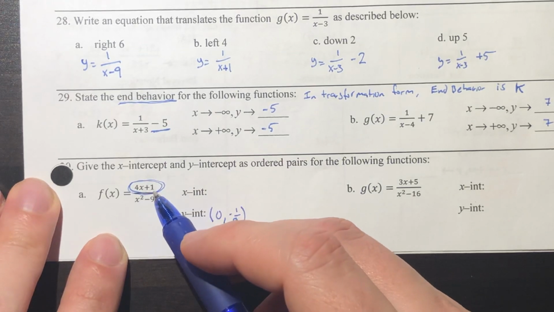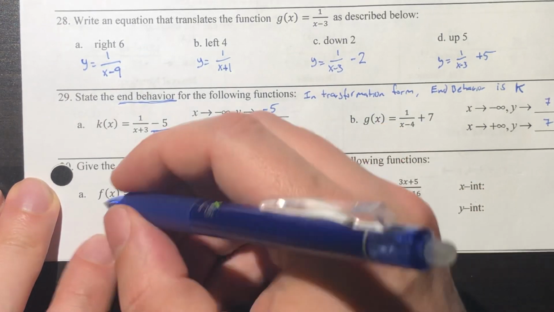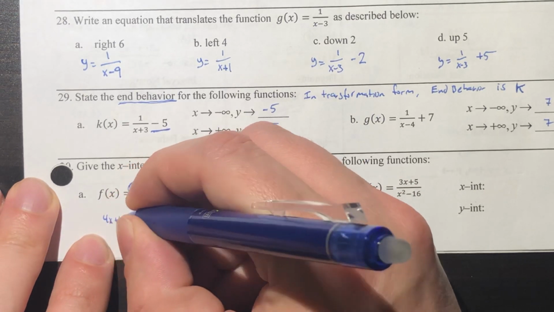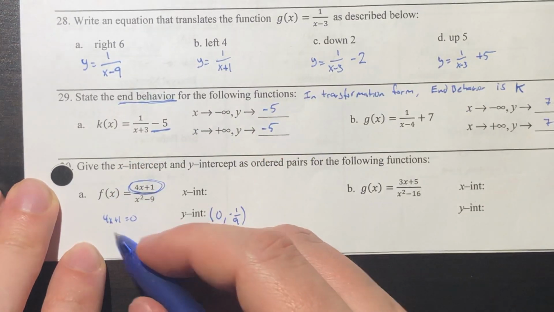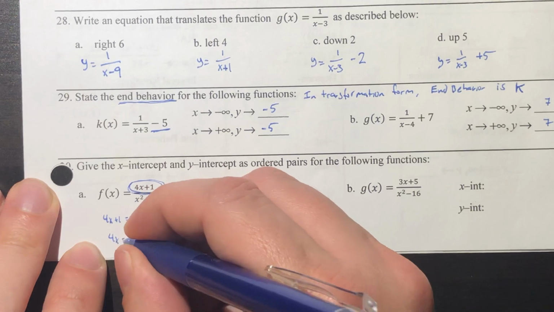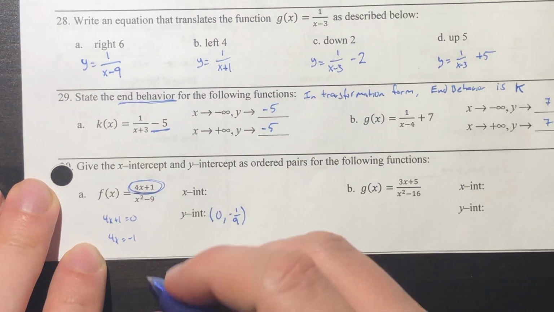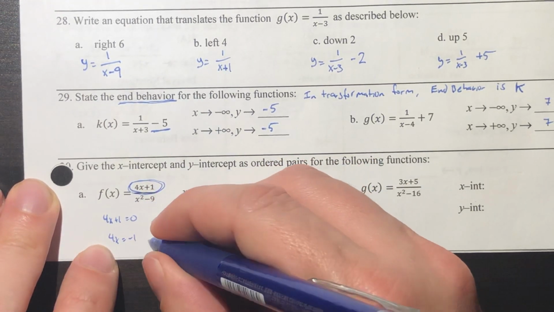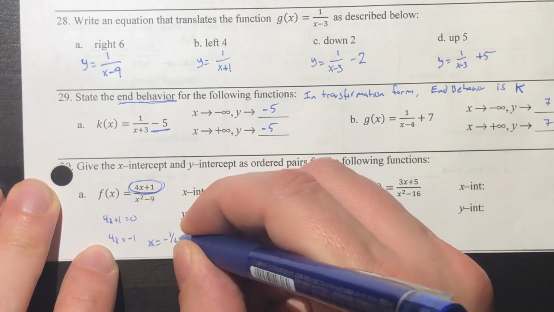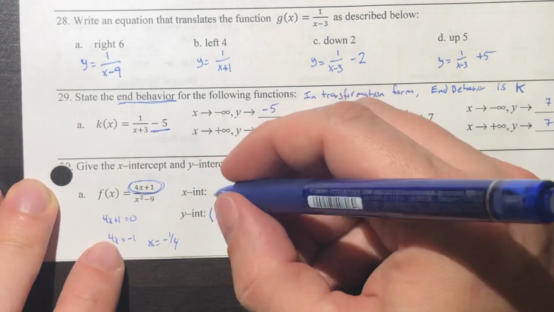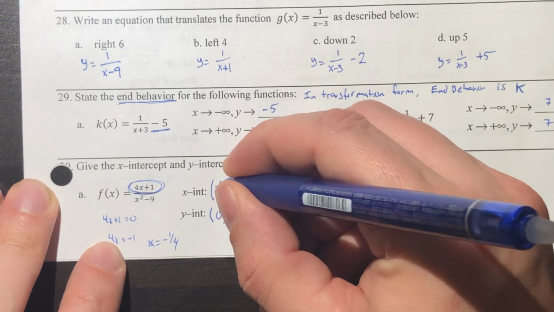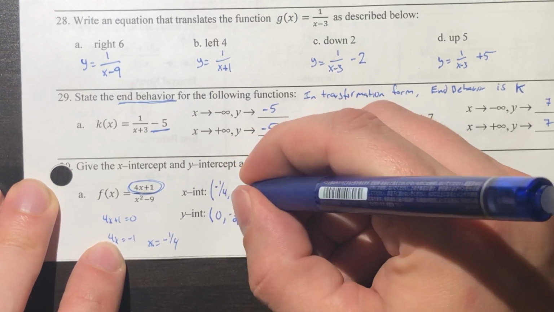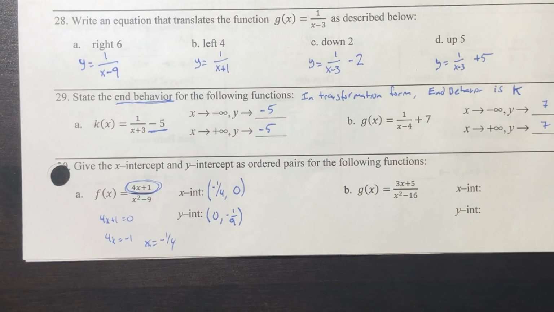So I have 4x plus 1 equals 0. So I would subtract 1. So I have 4x equals negative 1, and divide both sides by 4, and x equals negative 1/4. Your x-intercept, that's going to be negative 1/4, comma 0.